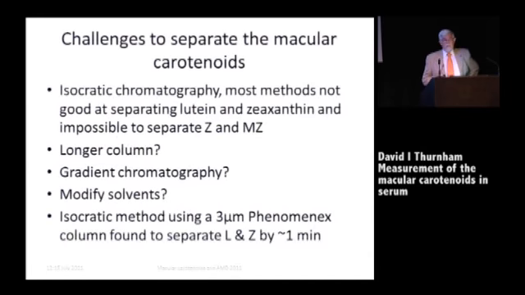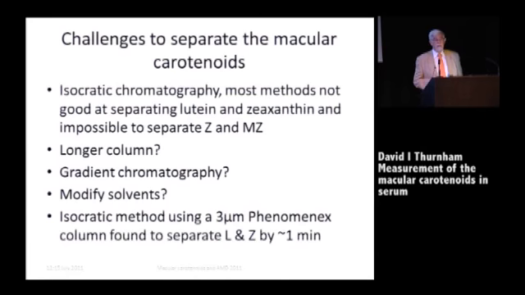What were the challenges involved in setting up a method for mesozeaxanthin, zeaxanthin and lutein? Isocratic chromatography, as it was being done for beta-carotene separation by many workers in the 80s and 90s, was not very good at separating zeaxanthin and lutein.